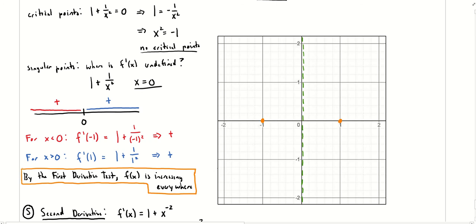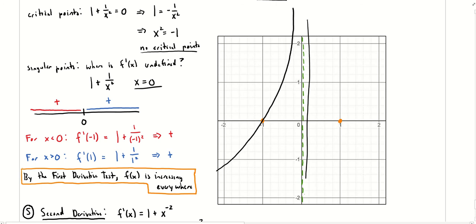Maybe I'll draw it like this, where we can see that the function, sorry, I'm really bad at drawing on this tablet, is not going to hit this line. It's going to get closer and closer, but because it's a vertical asymptote, it's not going to cross that line. So that's increasing, positive slope, concave up, the cup shape.